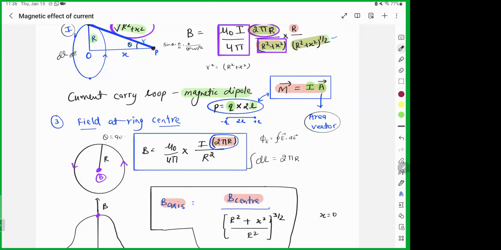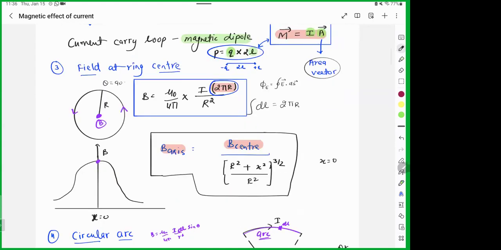Everybody, do you agree that this is purely Biot Savart law application? Yes, sir, mostly. Okay.